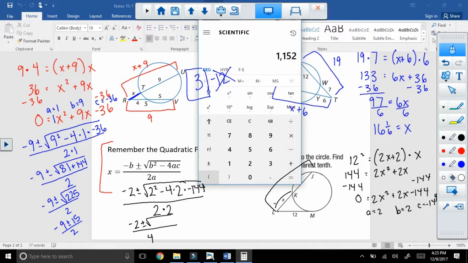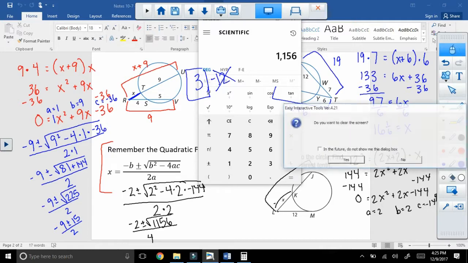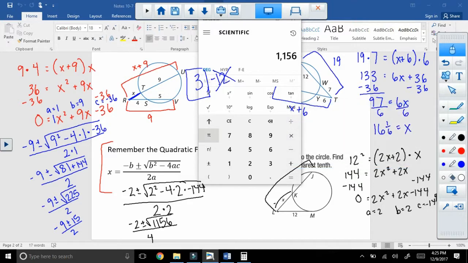And I get this number here, and I'm going to have to add the 4 to that. So the thing underneath the square root sign is 1,156. What I'm going to do then is take the square root of that. If I had a scientific calculator here, I would show you better with that.